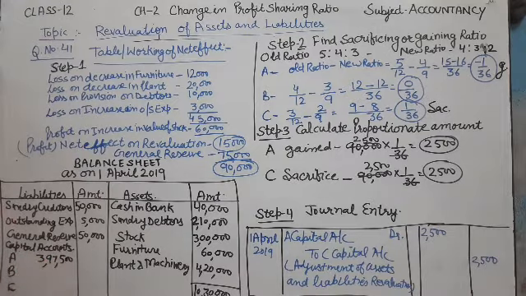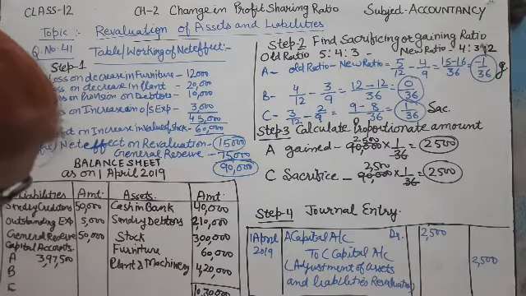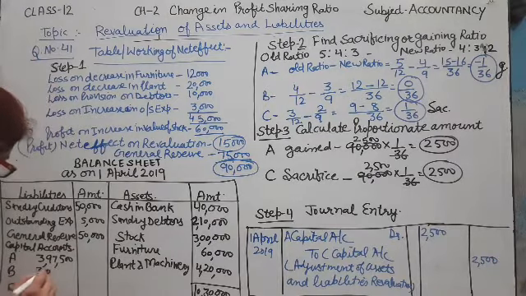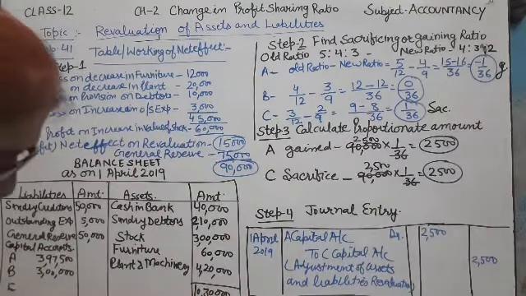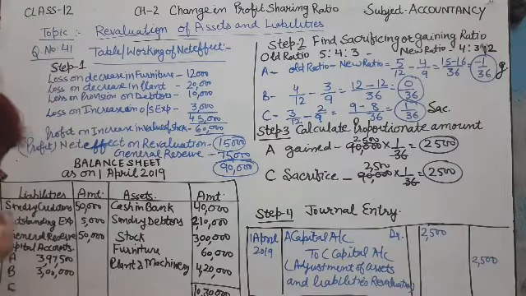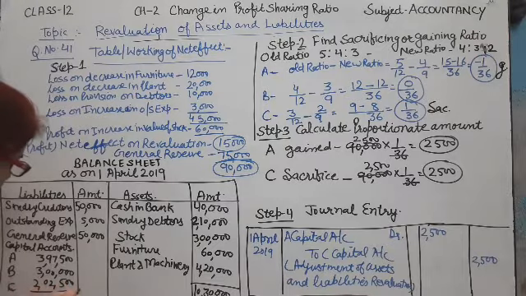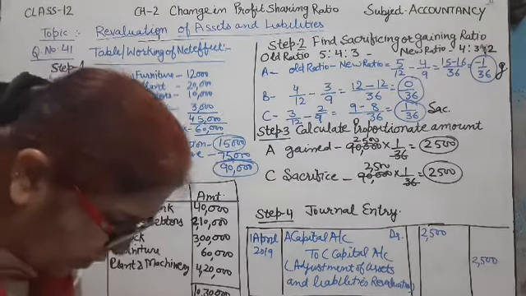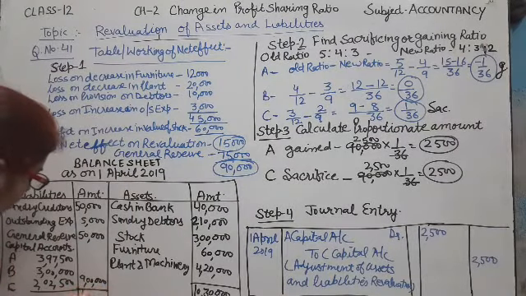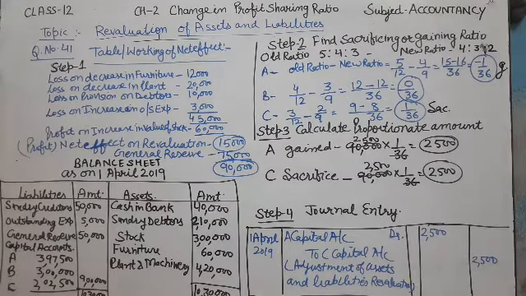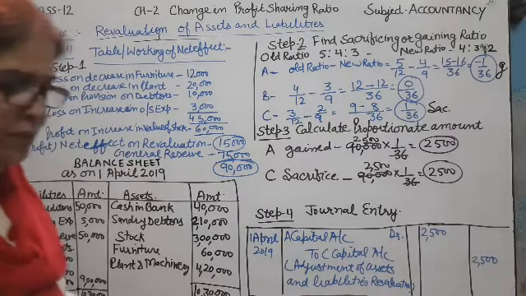And B partner, no change in the capital of B, that is 3 lakh. And C capital account is credited, that means it is increased by 2,500. Old balance is 2 lakh and new balance is 2,02,500. Then total become 9 lakh and balance sheet total is 10,30,000. I hope you understand this concept.